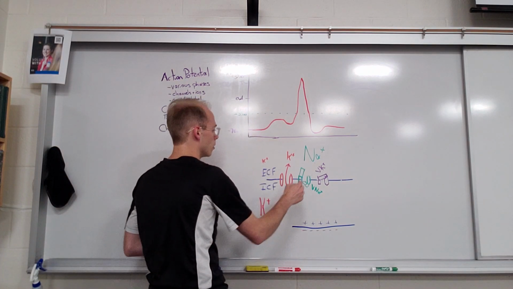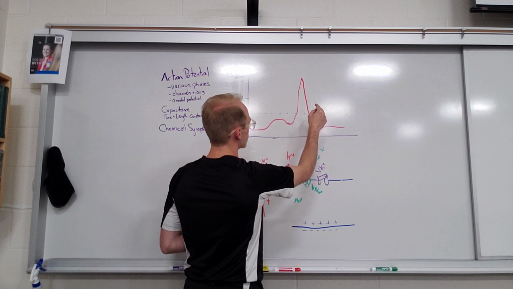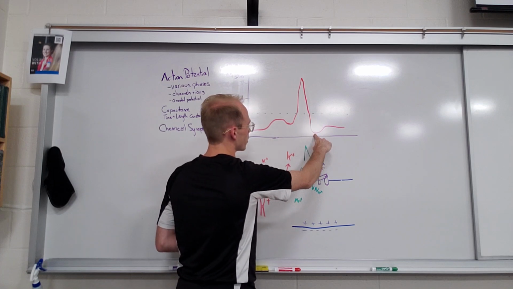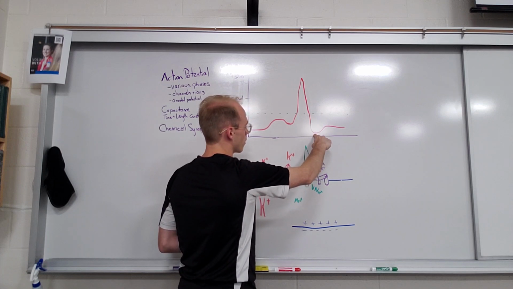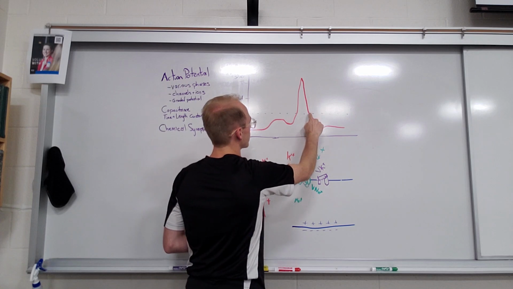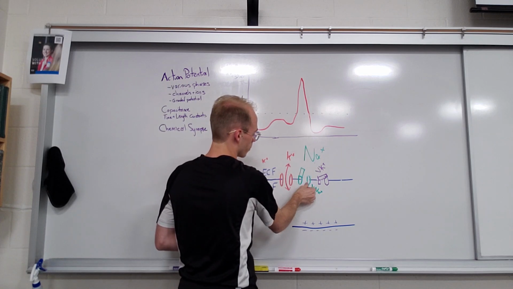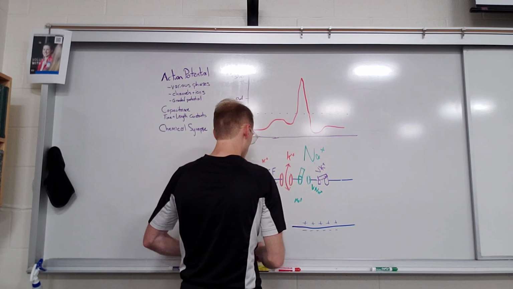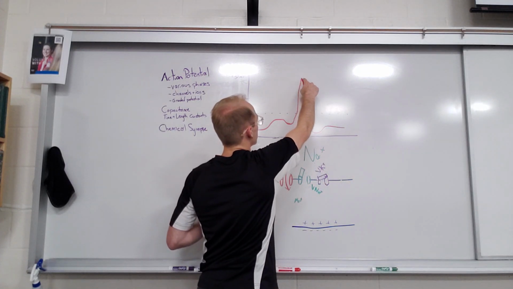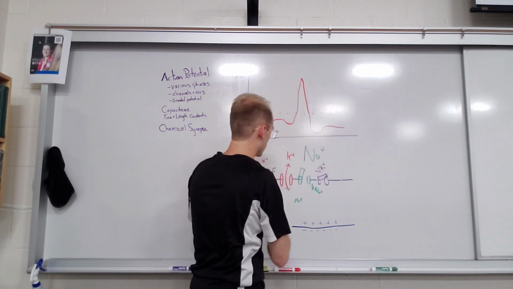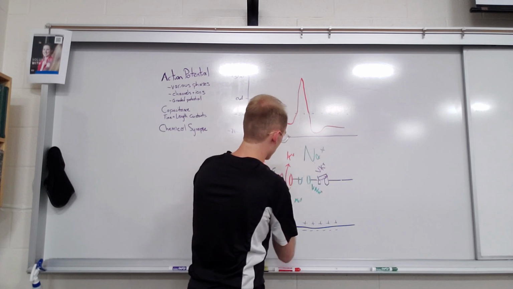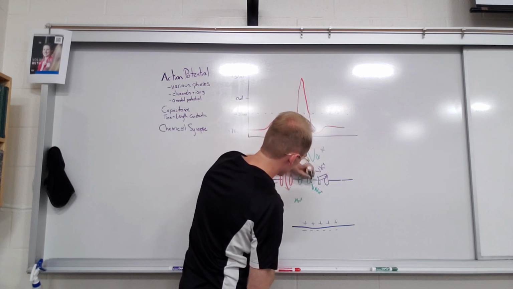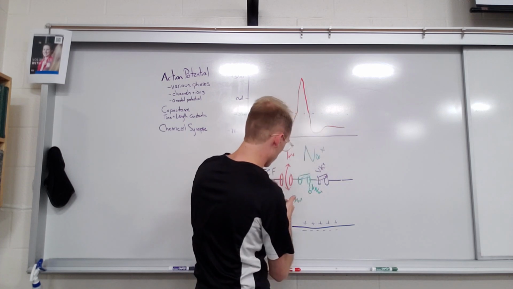So when we're at this point down here, I think it's here when this opens back up. Once we hit here, that closes, and then here, this closes, and then this goes back to normal.